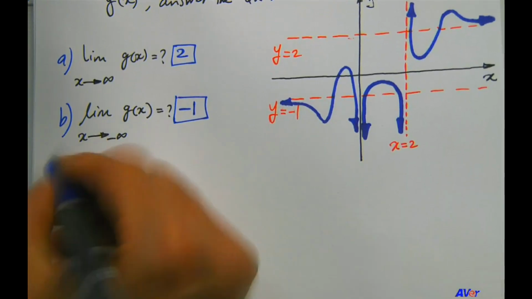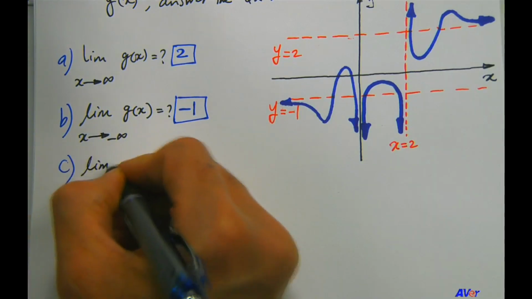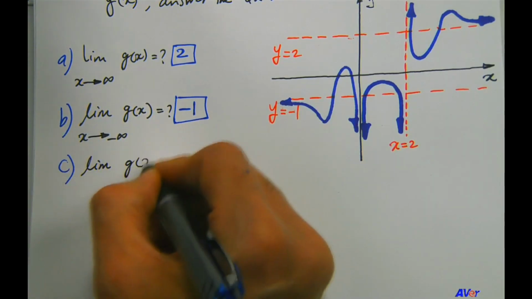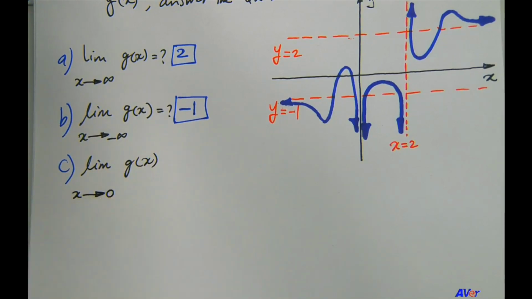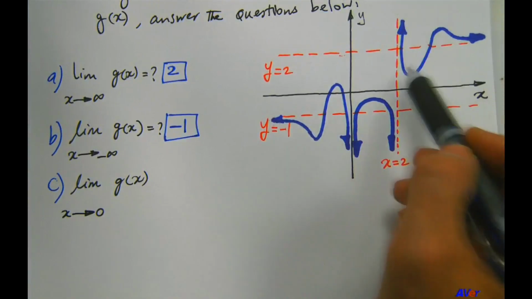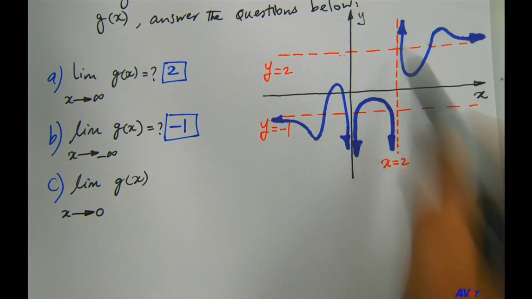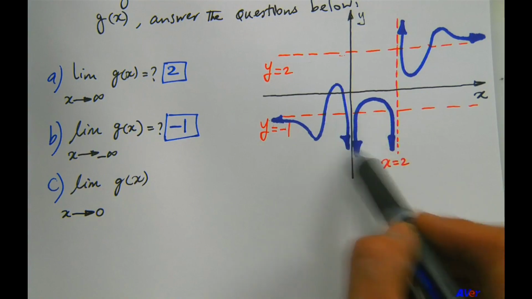Okay, so part C, we want to know the limit of function g of x as x approaches 0. Okay, so let's look at the graph. Does x approach 0 here? No, x is approaching 2 there. And so is the case here. So where is x approaching 0? Right there.